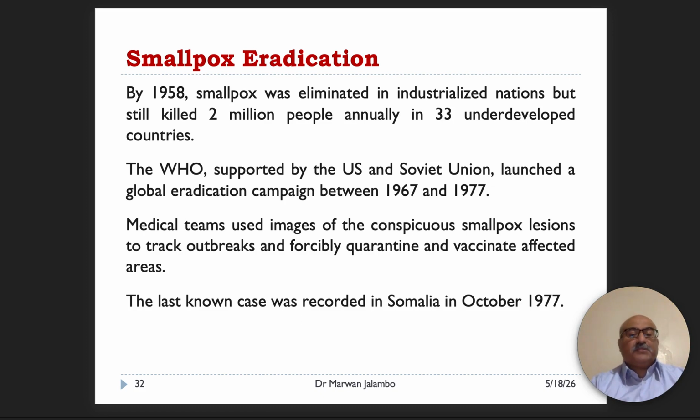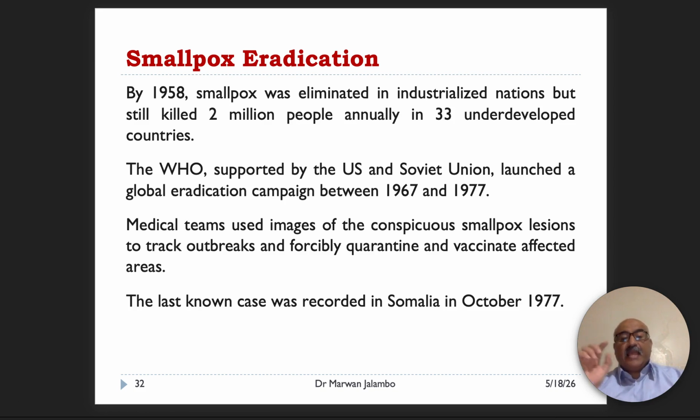Because smallpox lesions were so conspicuous, medical teams could track outbreaks just by showing a picture, locate patients, quarantine them, and vaccinate everyone in the vicinity, sometimes by force. It was an incredible success.